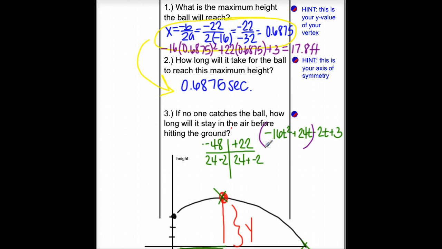So I have my first group, my second group, I'll make it a plus and negative and group it. I see here with -16t squared plus 24t, I can factor out an 8t. So I have 8t, and that leaves me with -2t plus 3.